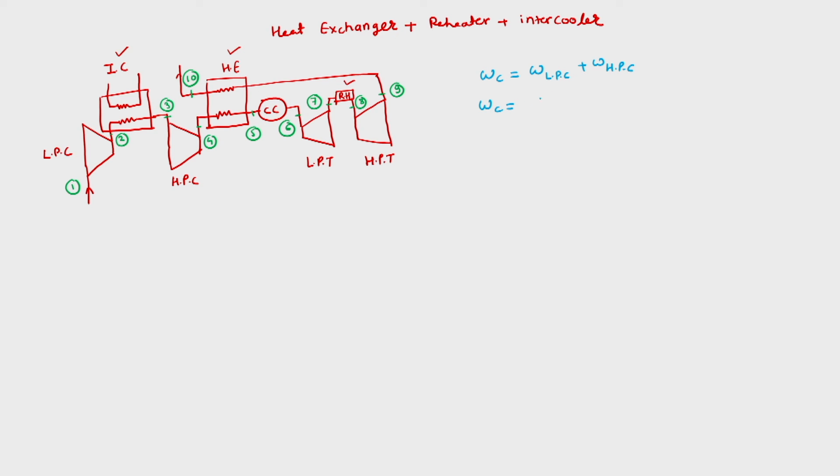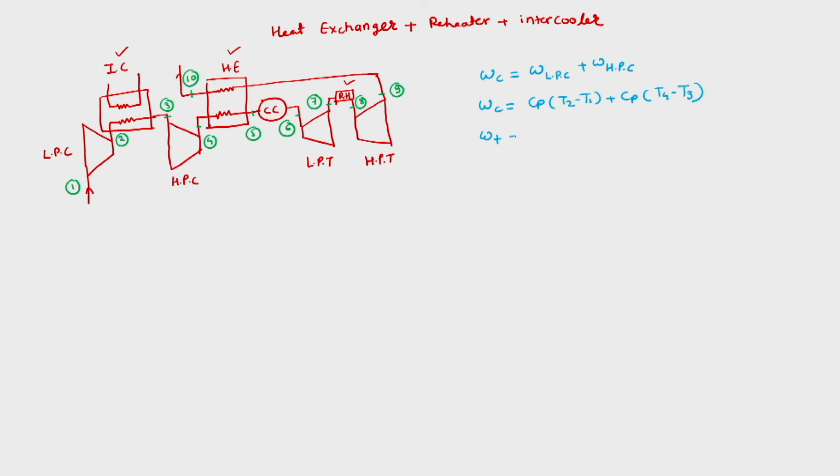So WC is equal to Cp into (T2 minus T1) plus Cp into (T4 minus T3). If a condition of optimization were stated, then we could have put it. But in general, what would be the case if we have all the attachments that we are mentioning?